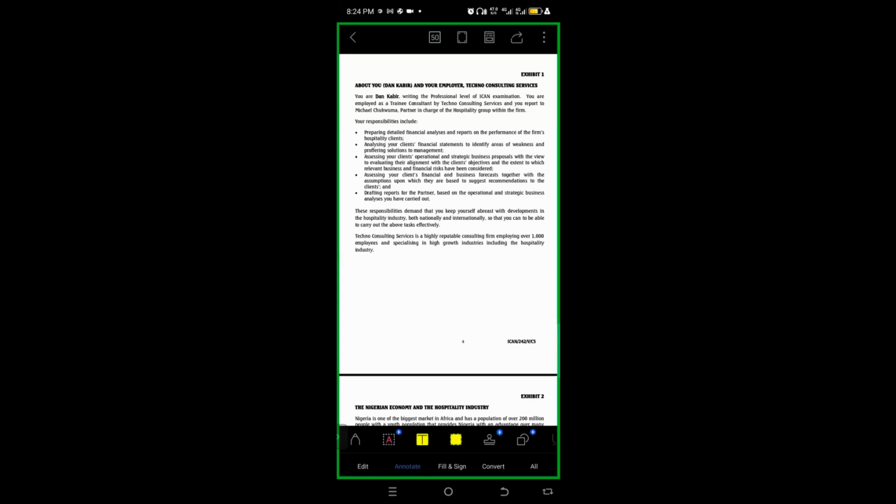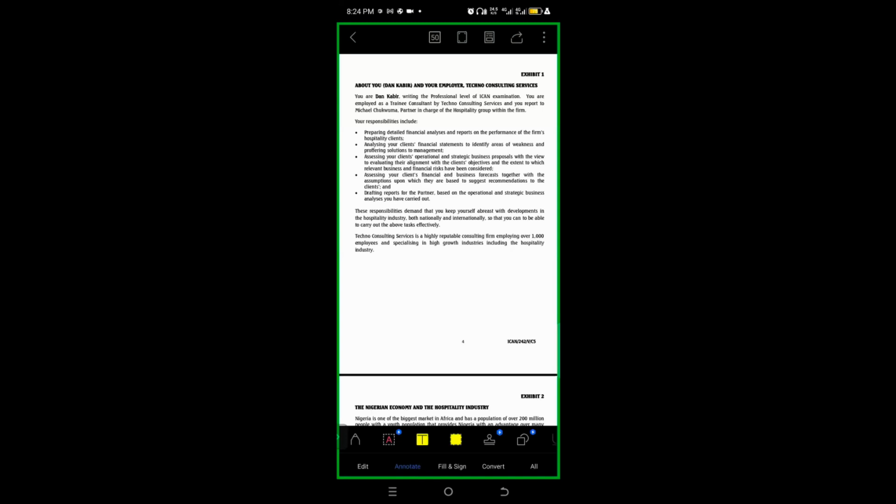Assessing your client's operational and strategic business proposals with a view to evaluating their alignment with the client's objectives and the extent to which relevant business and financial risk has been considered. 4. Assessing your client's financial and business forecast together with the assumptions upon which they are based to suggest recommendations to the client, and drafting a report for the partner based on the operational and strategic business analysis you have carried out.